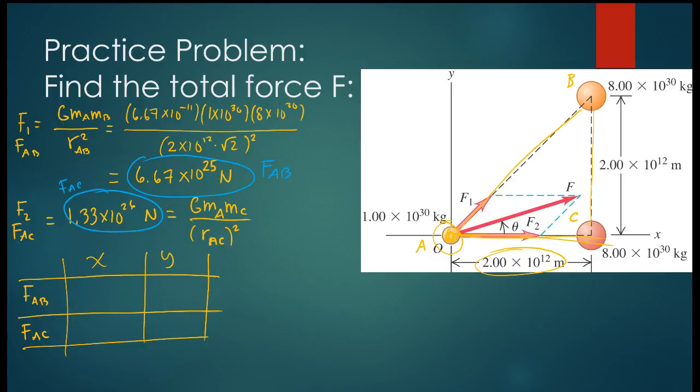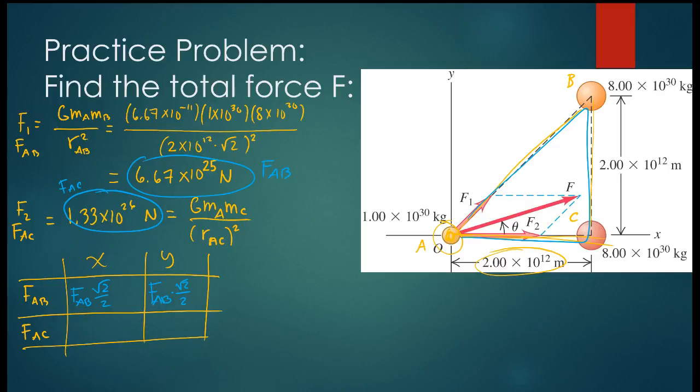So then FAB would have an x component of FAB cosine 45, or times root 2 over 2, and FAB in the y direction would also be times root 2 over 2. We have a 45, 45, 90 triangle here, so it's easy numbers.